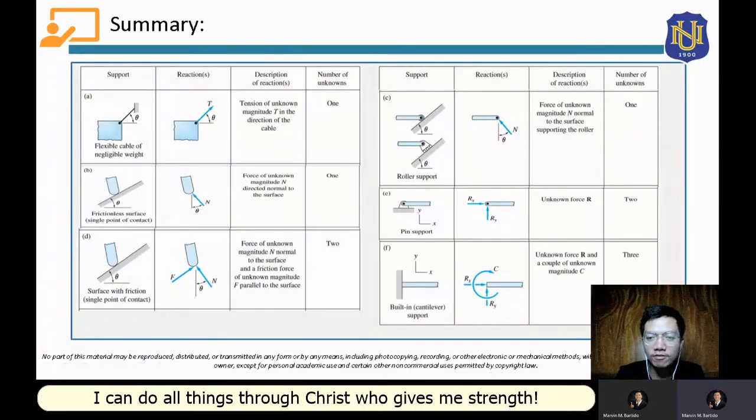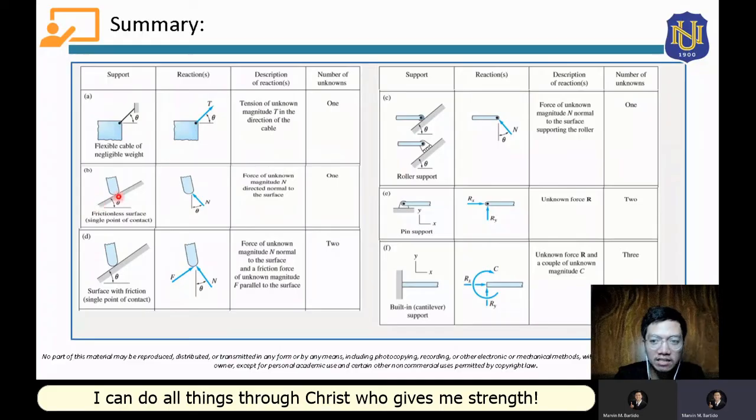So for the summary of the different types of support and the reaction forces that they provide. Again, if your support is a cable, there will only be one unknown reaction force, and that will be a tension force. So this is a pull, and its direction will always be a pull. Its application will just be along the direction of the cable.